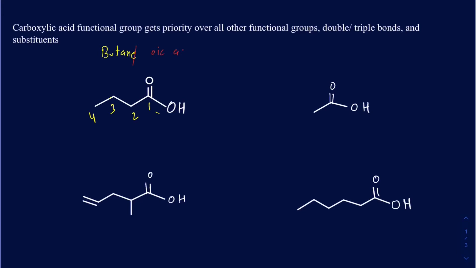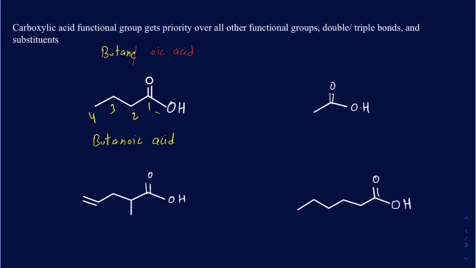The oic acid represents the carboxylic acid. So the name for this molecule is butane and then oic acid, with a space between the oic and the acid: butanoic acid. That's the combined name for it.